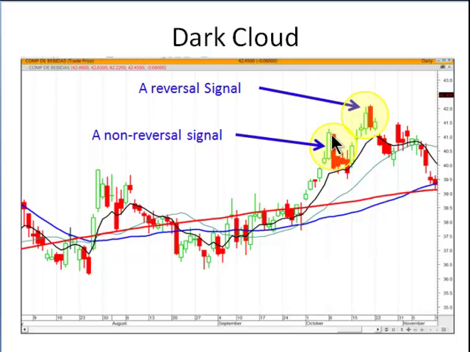Notice that this one opened lower and closed below the previous day. That's a big down day, which would be an indication of selling. However, it's not a reversal signal. Otherwise, we'd have a name for that. It is not until they gap it up and close it more than halfway down and create a dark cloud that this uptrend is finally over.